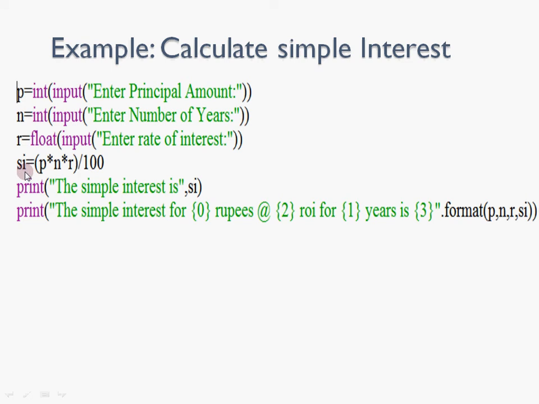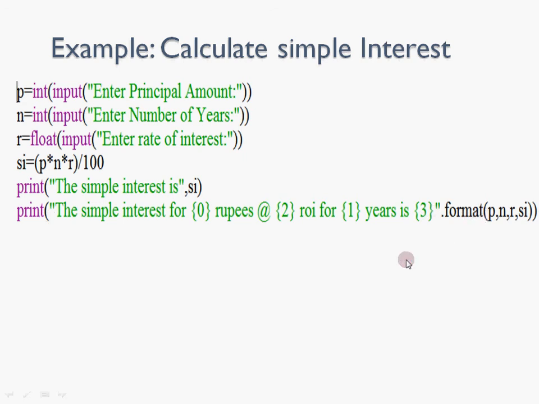I am using two types of print statement. First is simply with the object list, that is, this is a string object and this is a variable SI. And in the second print statement, I am using the string with the format function.